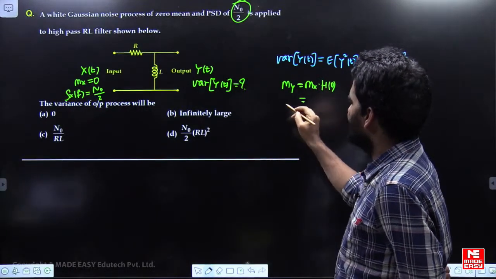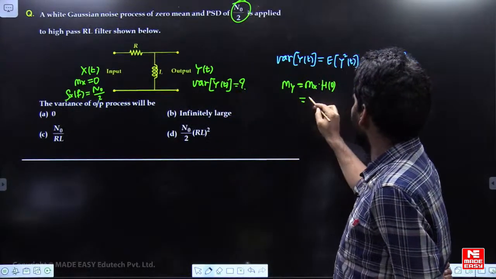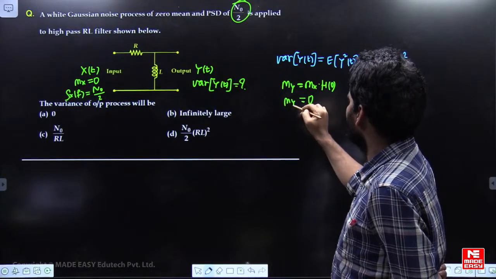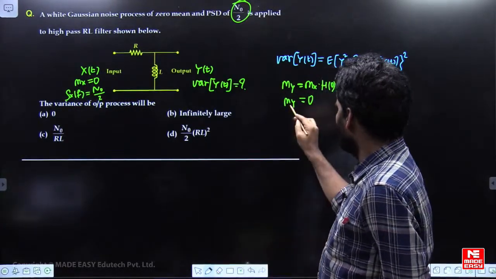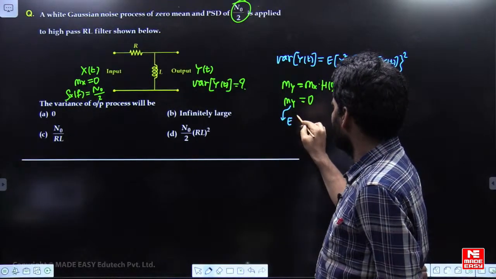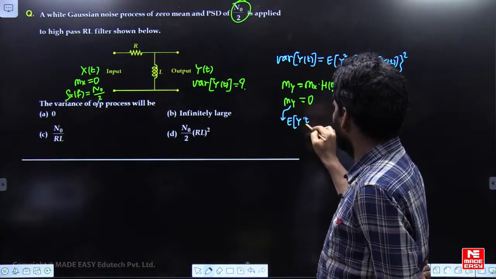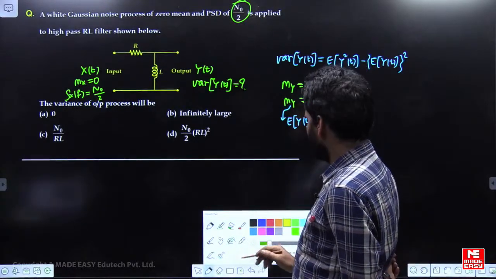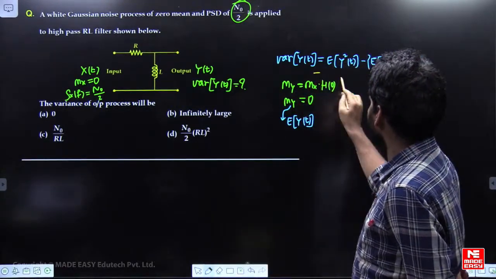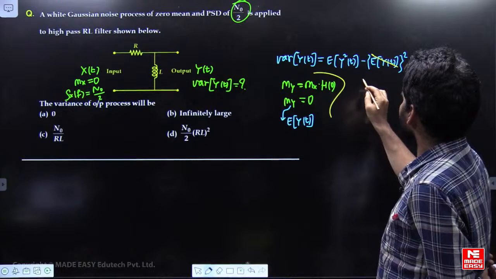Input mean mx is 0, so my is also 0. My means the expectation of output only, expectation of yt. If the input mean is 0, straight away you can write the output mean is also 0. Expectation of yt is 0.